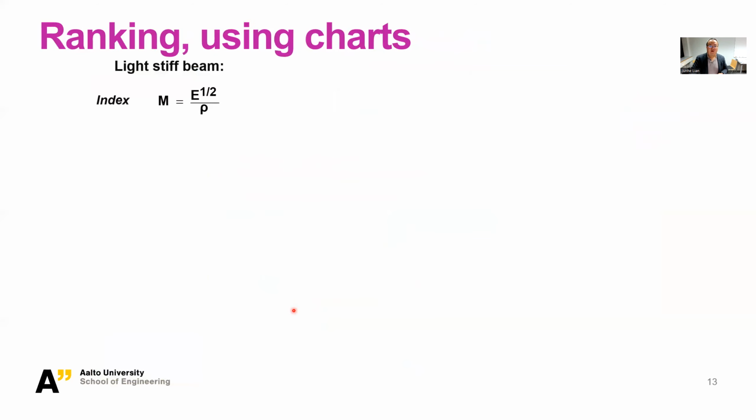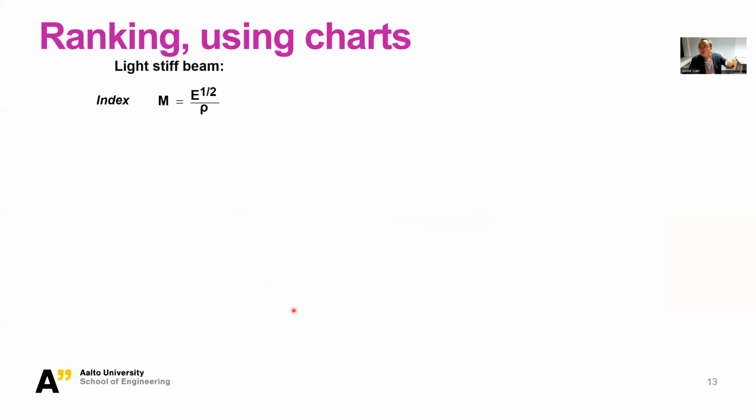All right. So the last step is, after you get your material index and you also apply the constraints, you limit your selection group. Now you want to meet the objective and do the ranking. There are a few ways to do the ranking.